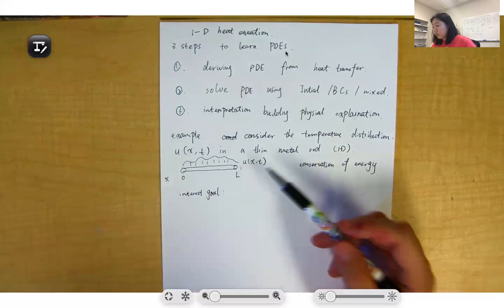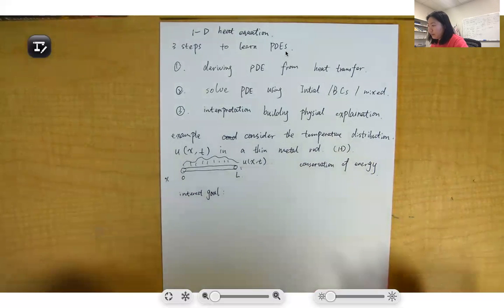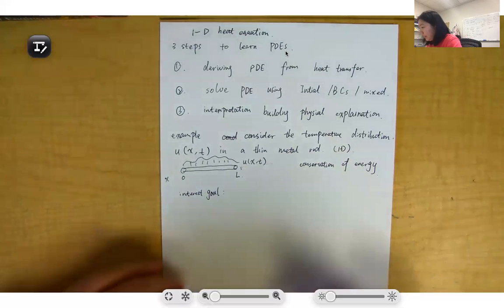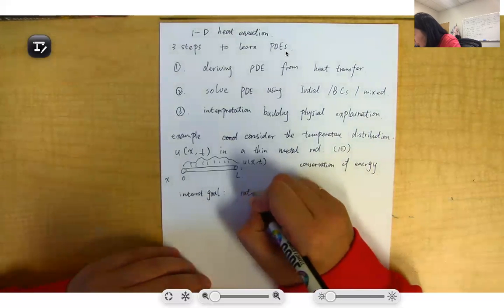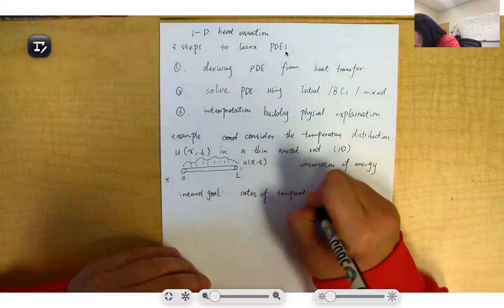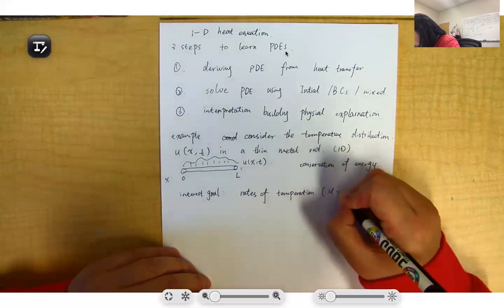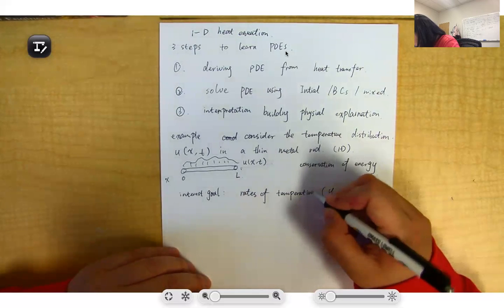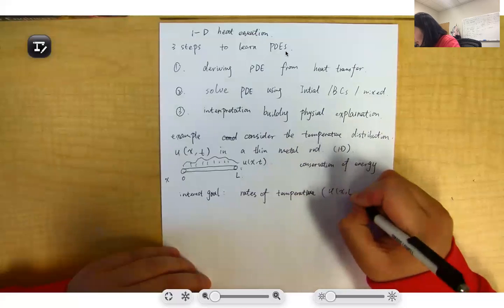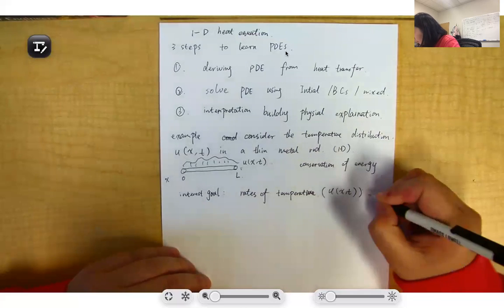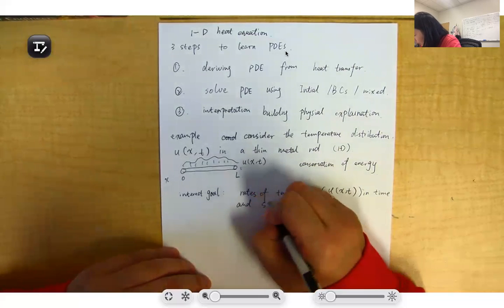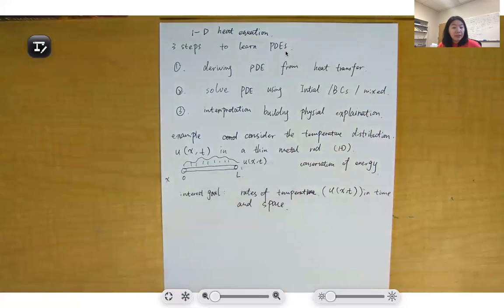That means we want to get the temperature or the temperature change as a function of x and t, the rate of temperature, which we represent as u(x,t), in time and space. So that is what our interest is.